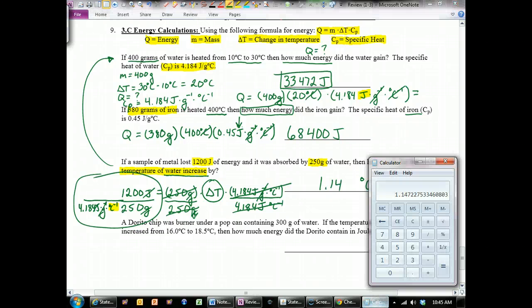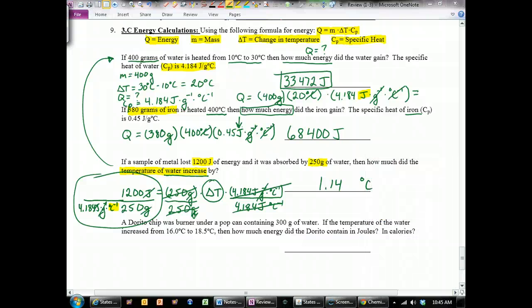Yeah, 1.15 would probably be better, since we're rounding up, degrees Celsius.